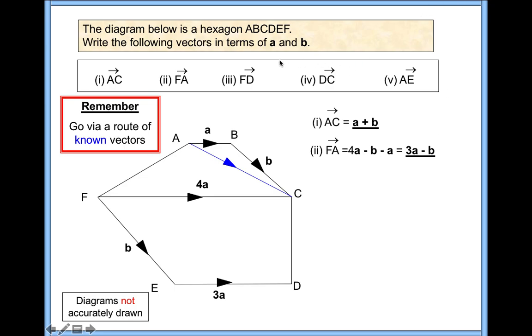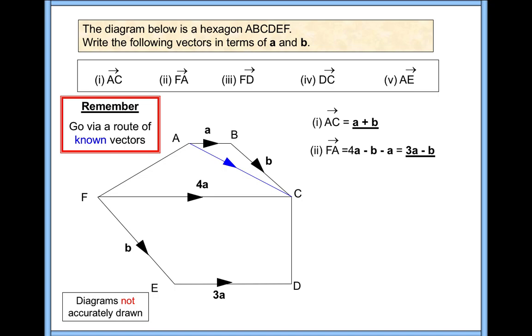Now we will go to the next part of the question, that is vector FD. See here, this is vector FD, means from F to D. Okay, so we will see how we will move.